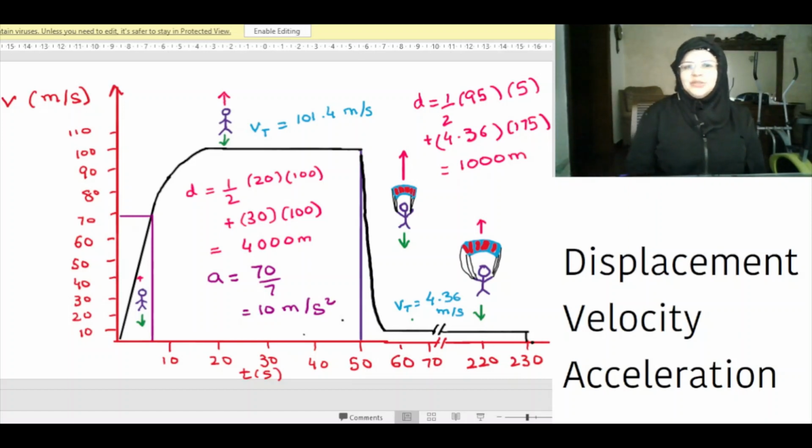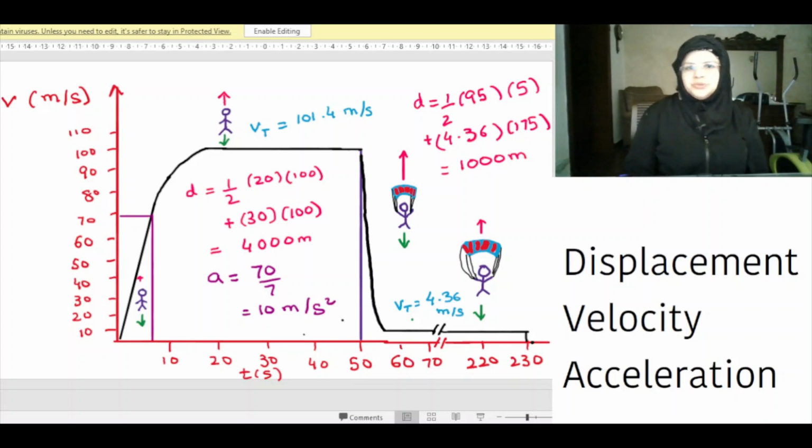The area under the velocity time graph gives us distance. Distance before the parachute is open is equal to half into 20 second multiplied by 100 meter per second plus 30 second multiplied by 100 meter per second, giving us a distance of 4000 meters.